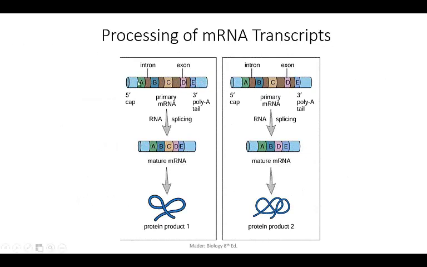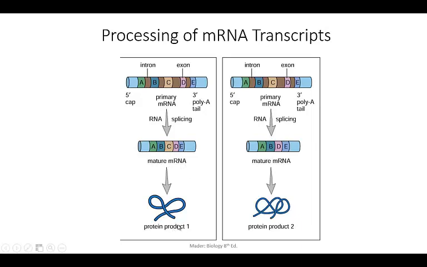So looking at some of the different combinations you can get, imagine here you have a transcript with A, B, C, D, E as exons, and then brown here would be the introns. In one cell, you may have splicing such that it keeps all of these exons, A, B, C, D, E, in the mature mRNA, which would give you this particular protein product.